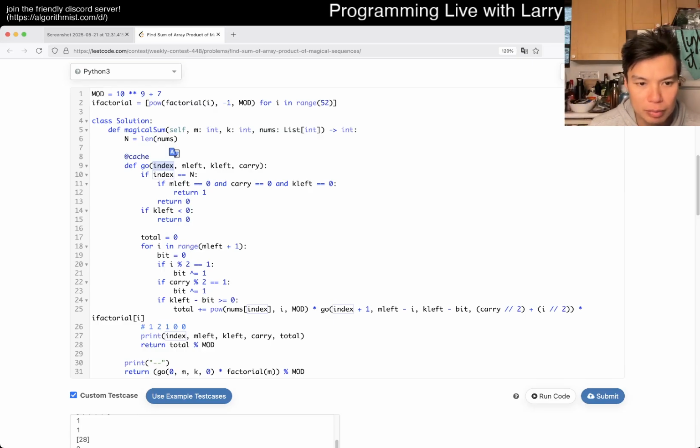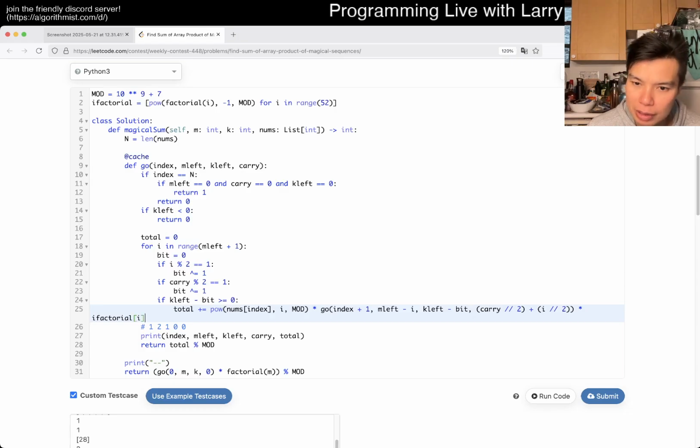Okay, so it's 1, 2, 1. So that's 0, 2, 0, 1, 2. So if I is 2, then we have 100 here plus, but then I minus 2, k left minus bit.